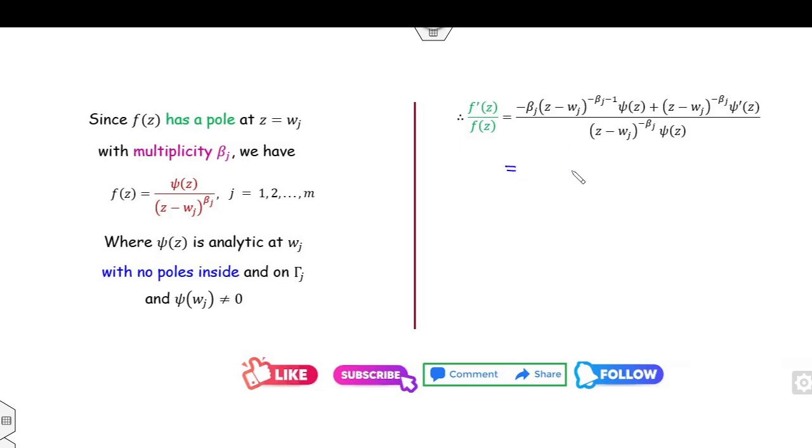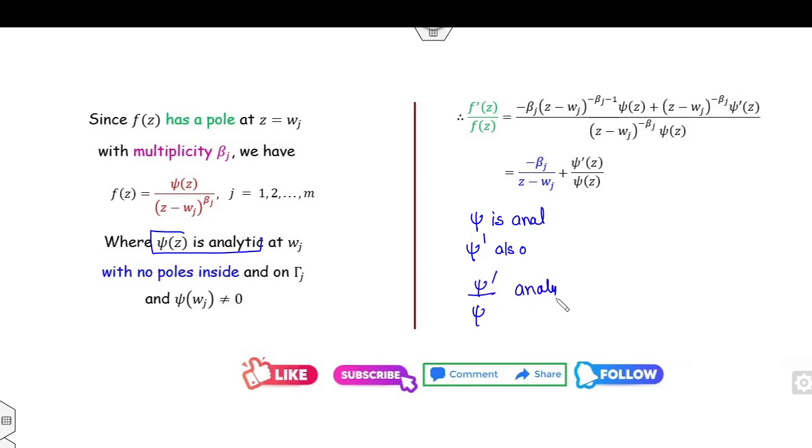Now you can again separate them. So it will be minus beta j over (z minus wj), since psi cancels out, plus psi dash over psi. Again, psi is analytic, so psi dash is also analytic. That means psi dash over psi is again an analytic function.